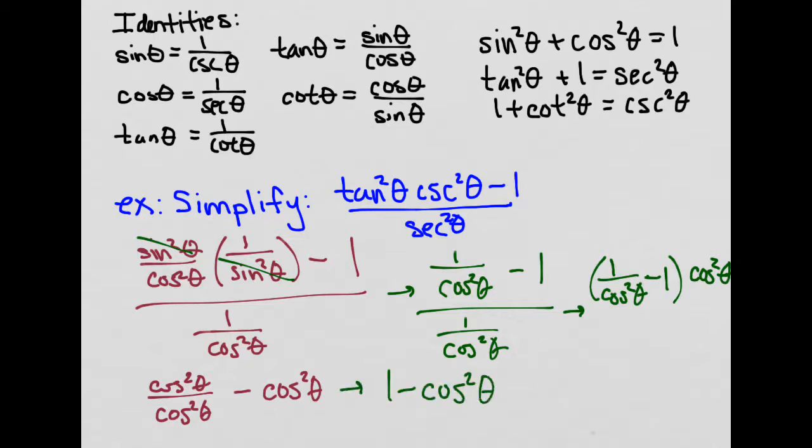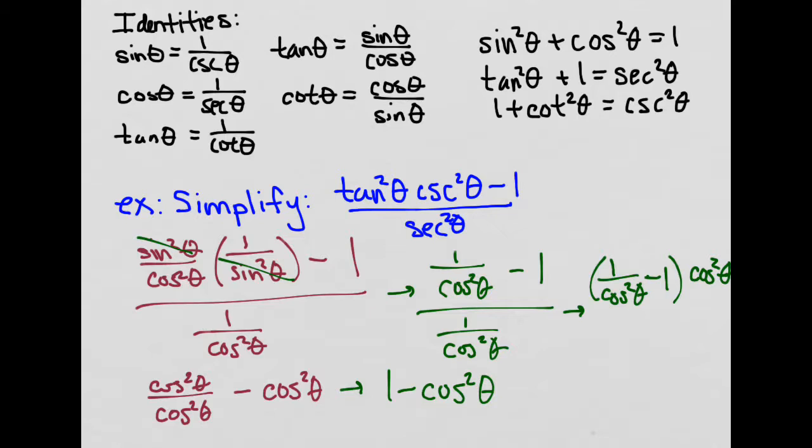Okay, now this is where the Pythagorean identities come in. So you'll notice up here that we've got a cosine squared and a 1 in this trig identity. So we want to think, is there a way we could rewrite this so that it matches 1 minus cosine squared theta? And there actually is a way we can do that.